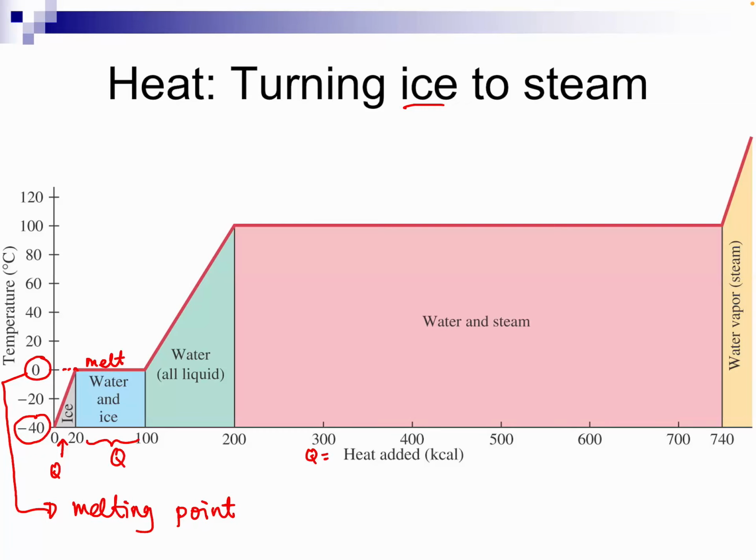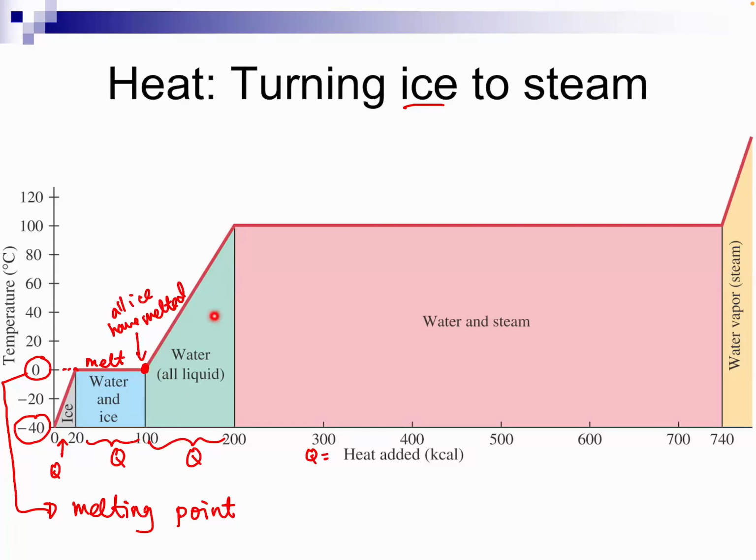Right? So once all of the ice has melted into water, it's this point here. Once all of the ice has melted into water, any heat that's added to the water goes into increasing the temperature of the water.